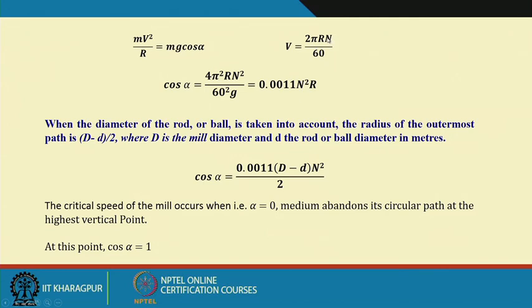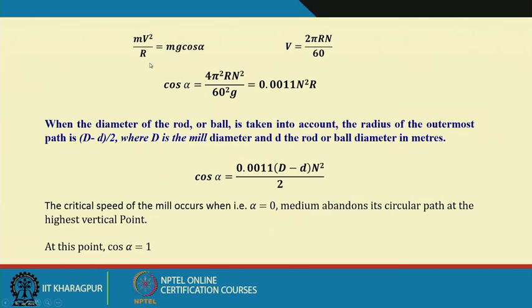So, cos alpha I can write is equal to mv square by r divided by mg. So, m gets cancelled out. So, it is v square by rg. So, we can write 4 pi square r n square divided by 60 square g, because v is squared, so it becomes 4 pi square r square n square over 60 square.